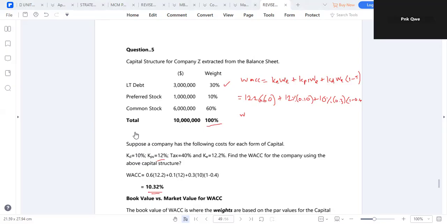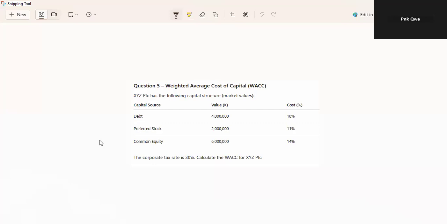For instance, we're given a question like this one here. XYZ has the following capital structure, and the costs are given as follows.